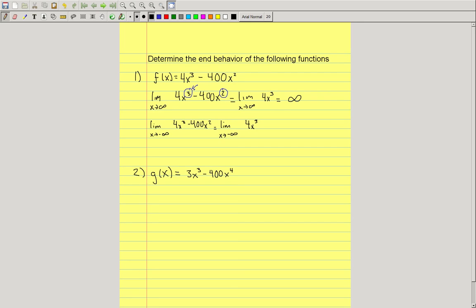So the limit of all of f of x is equal to the limit of 4x cubed. And when x approaches negative infinity, it is a very large negative number. A very large negative number cubed is also negative. And we multiply it times a positive constant 4, which tells us that this result is negative infinity.